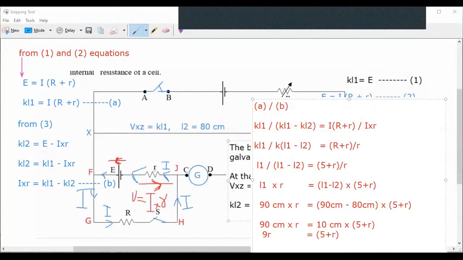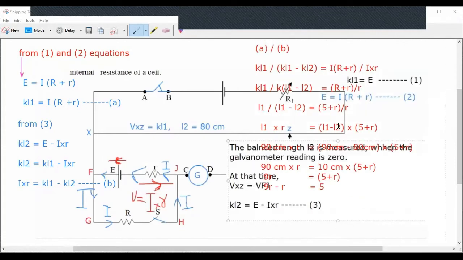So let me take the simple r term to the other side. So it will be 9r plus simple r coming to this side as minus simple r equals, only 5 will be there. Got it? So let me move this a little bit up, right?